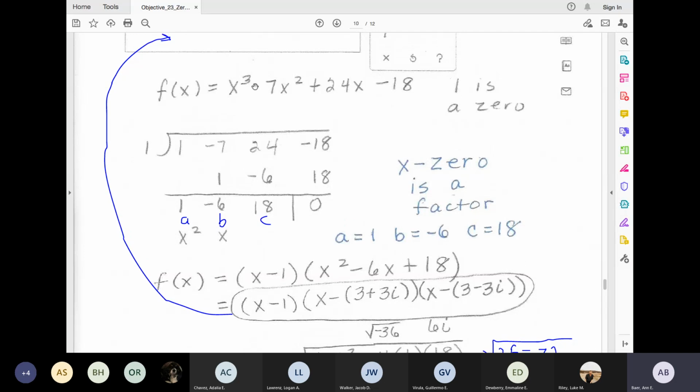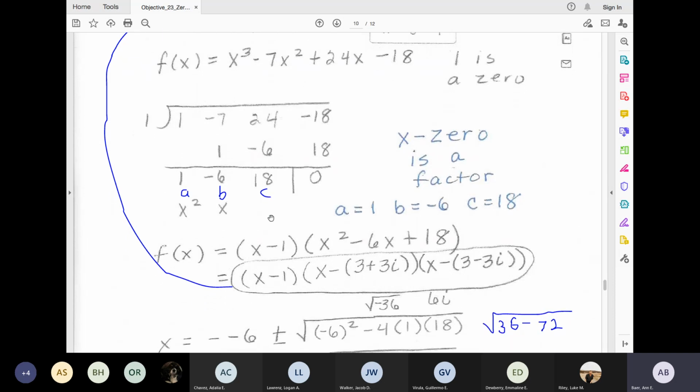So we started with the cubic. We went through synthetic division once. That means we divided by x minus 1. So we get 3 x's divided by x, which leaves 2 x's, which means we have x squared, like this. So if we put our vertical line here, these are the a, b, and c in the quadratic formula.